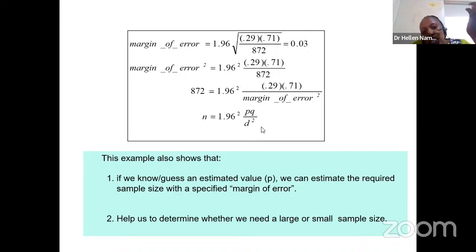Because by the end of the day, if you have your estimated value, you can tell the other fraction. And then also, based on the confidence, these are statistical inputs that are already there, whether it's 95 or 90% confidence interval, you can compute the sample size. What will this help you do? It will help you determine whether you need a large sample size or a small sample size.